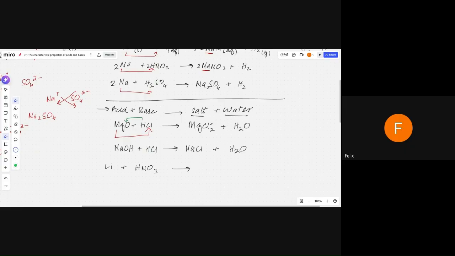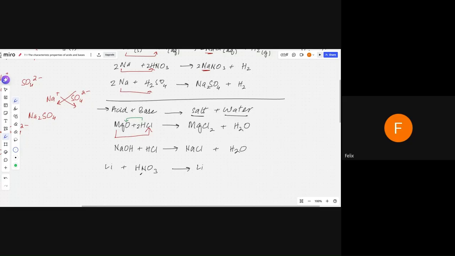So, okay, in the meanwhile, I'll balance these equations. So I'll have to put 2 here, and the equation is balanced. And this one, it is already balanced. Yeah, and this one, the product will be lithium nitrate, right?